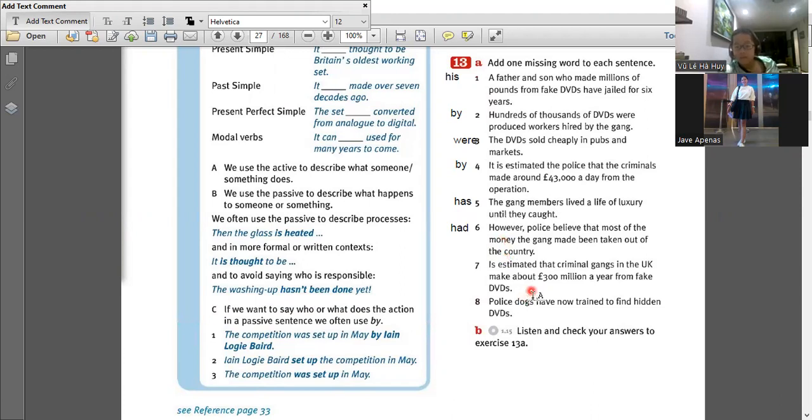Okay, 7. It's estimated that criminal gangs in the UK made about £300 million a year from fake DVDs. What's the missing word? Estimated that criminal gangs in the UK make about £300 million a year.